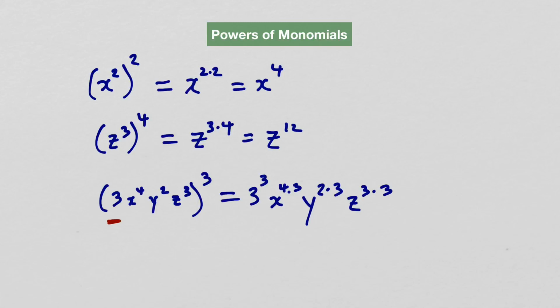Now we can simplify it and say 3 to the 3rd power is 3 times 3, which is 9, times 3, which is 27. x to the 4 times 3 is 12. y to the 2 times 3 is 6. And then z to the 3 times 3 is 9.